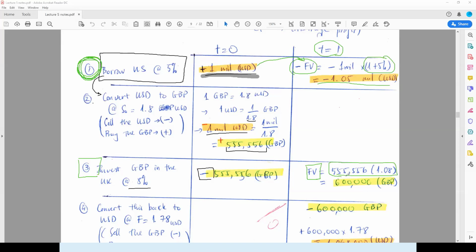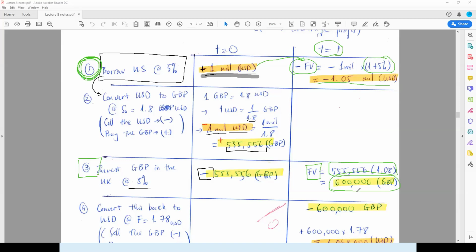So if I invested 555,000 pounds at the start, and if the interest rate is about 8%, I would expect to get back this much, right? 555,000 times 1.08, and that would be 600,000 pounds, okay?